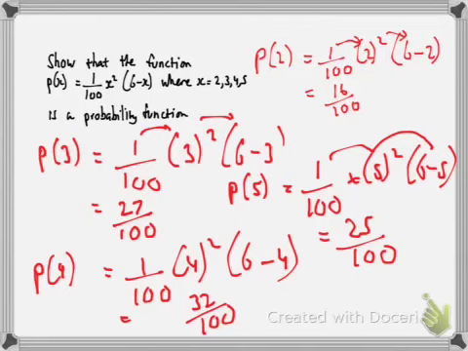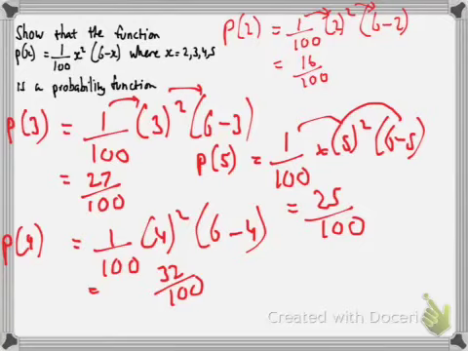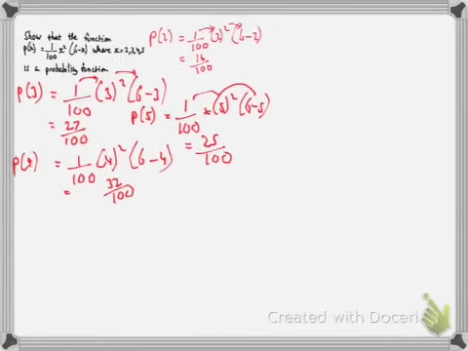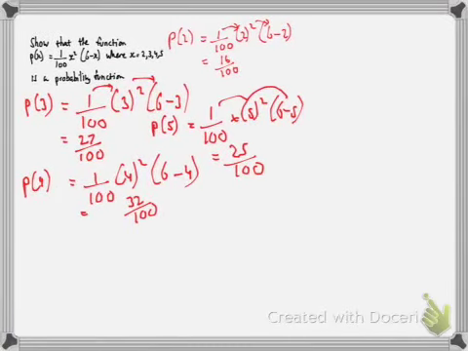Alrighty. So let's copy all that over so we can see it on the other side. There's all our working. Let's add them up, because if we add them up now, what must they equal for it to be a probability function? 1.